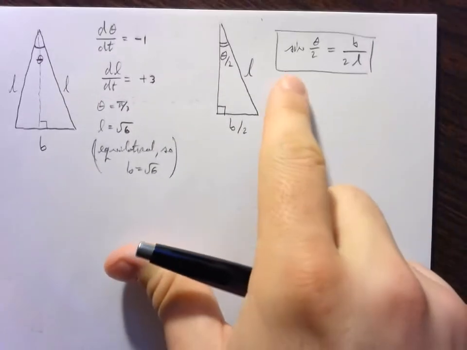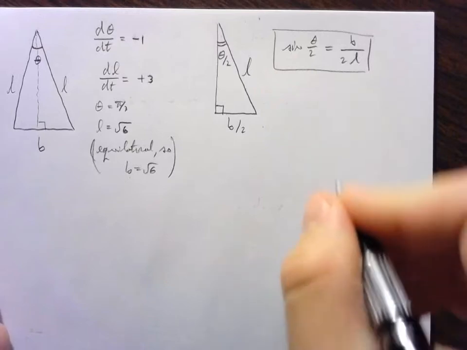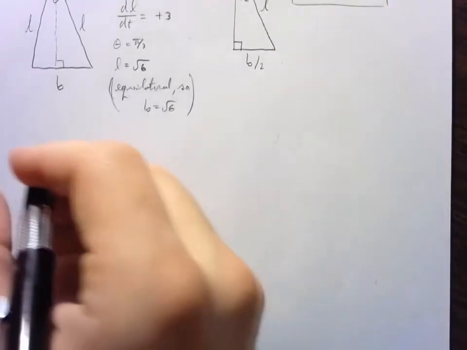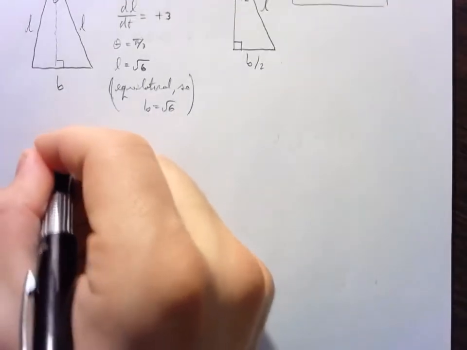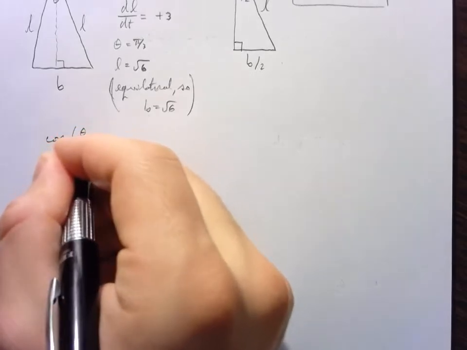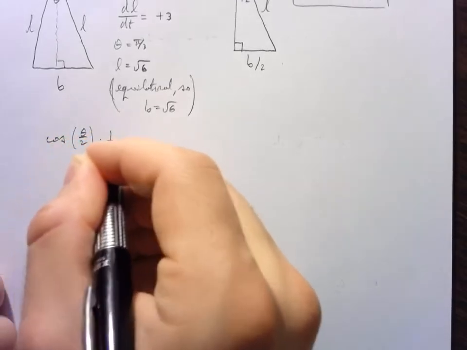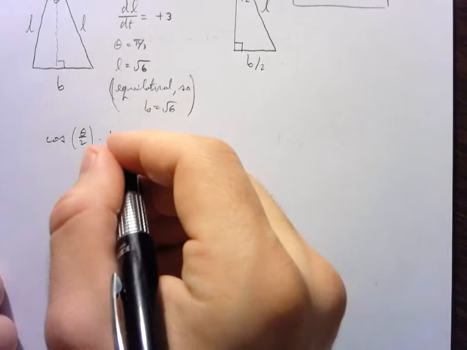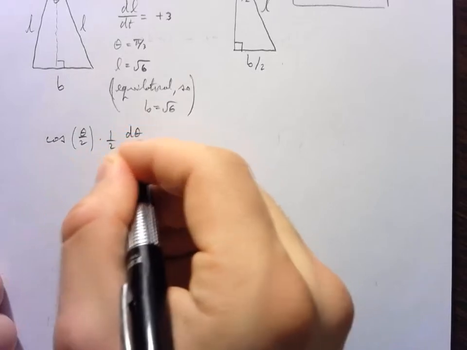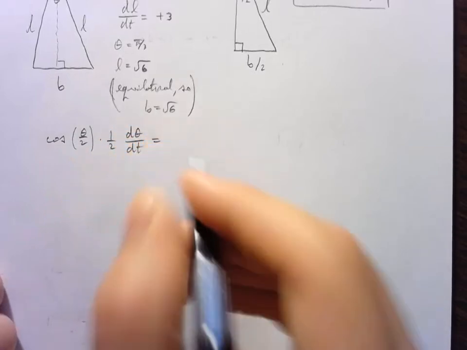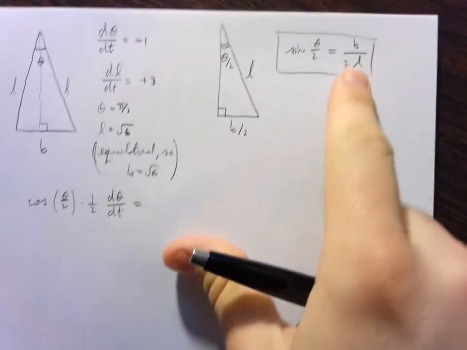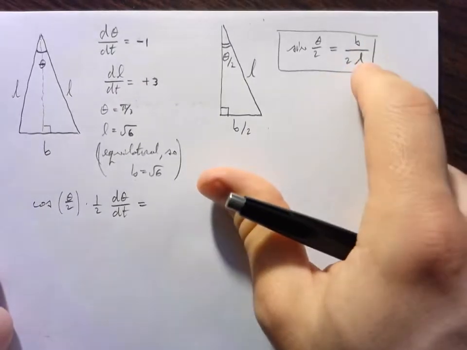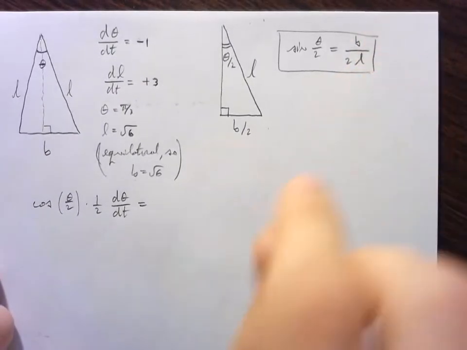So on one end, the derivative of sine is going to be cosine. So let me write that down here. Cosine of theta over 2 times a half by chain rule, d theta dt. And that's going to equal, now I have to take the derivative of this fraction where both the top and the bottom are functions.